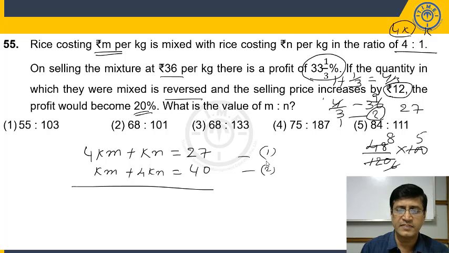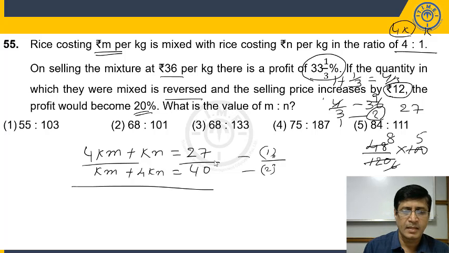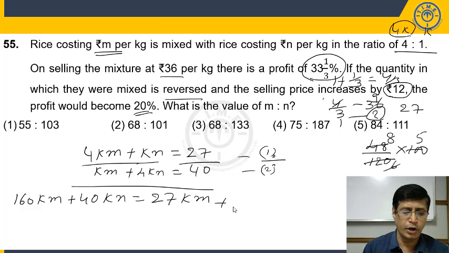Now divide the first equation by the second equation and simplify. Dividing this, we get it like this. Now what is the cancellation? By doing cross multiplication, 40 into 4km, that is 160 km, plus 40 kn is equal to 27 km plus 4 into 27, it is 108 kn.